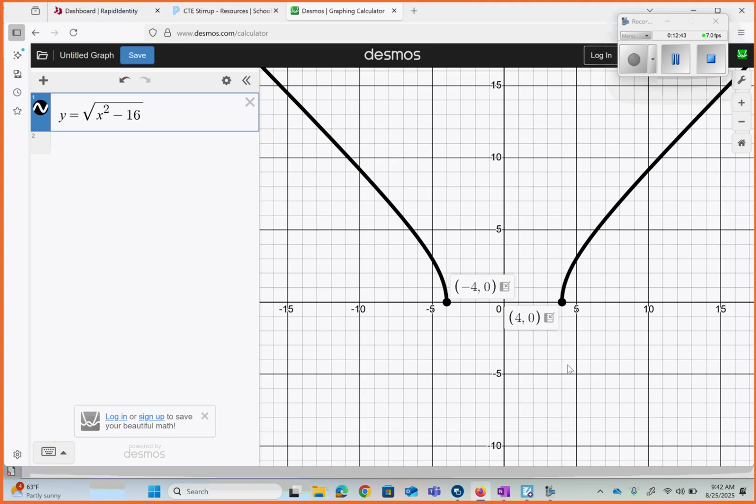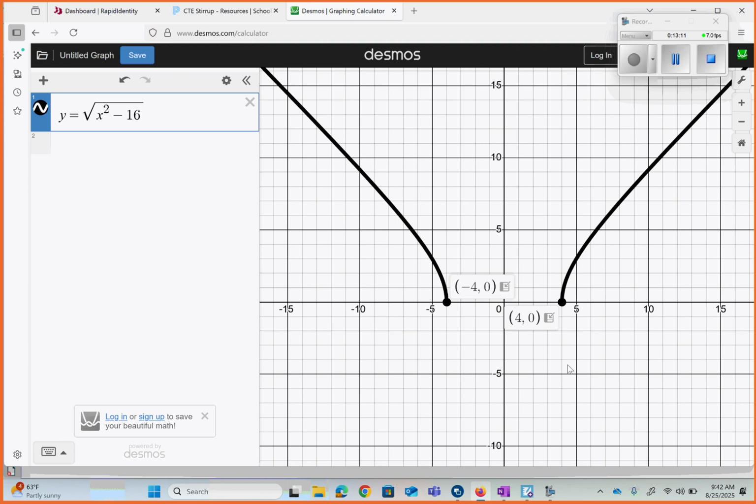So the domain of this one is going to go from negative infinity to -4, with a square bracket on the -4, and then I'm going to start at 4 and go to infinity. That just means this whole region in between, the graph does not exist. It's just not going to happen.